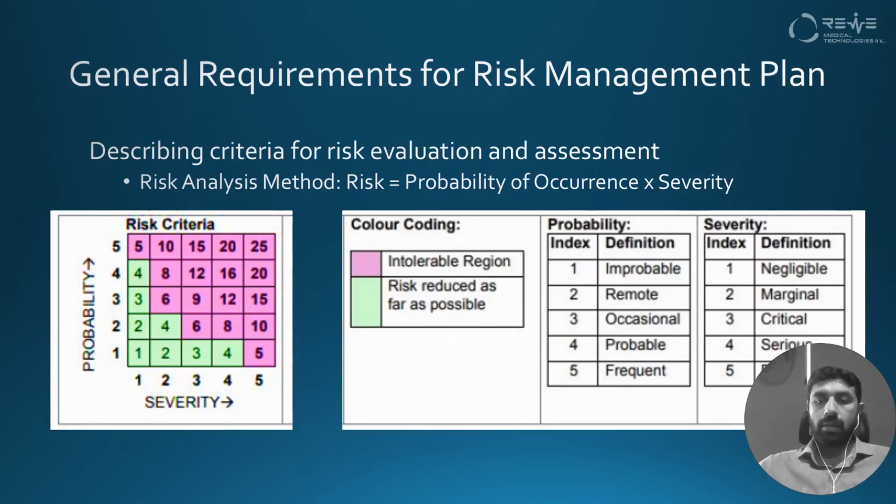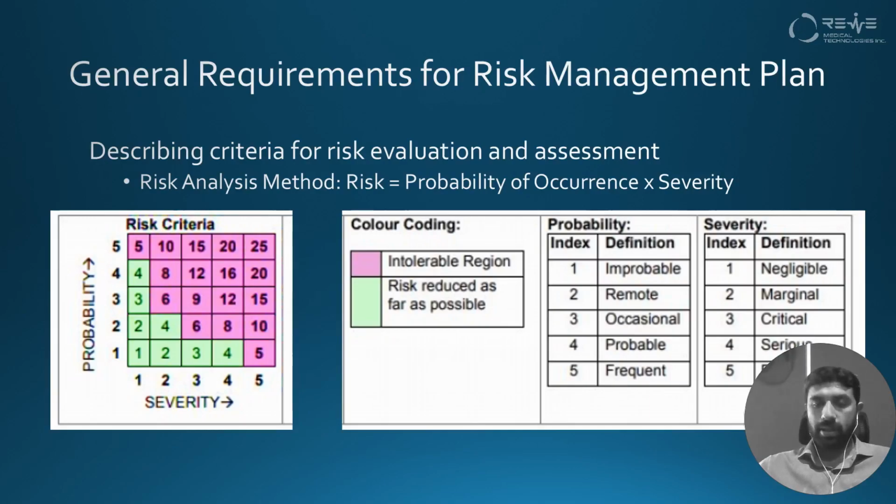If the impact of that risk is critical and it can affect the patient's condition, then we assign the severity factor as 3. And similarly, if the impact of the risk is serious, then we assign the severity factor as 4.